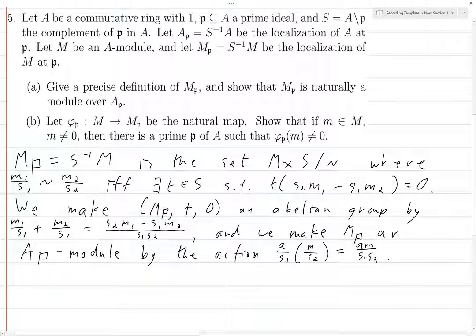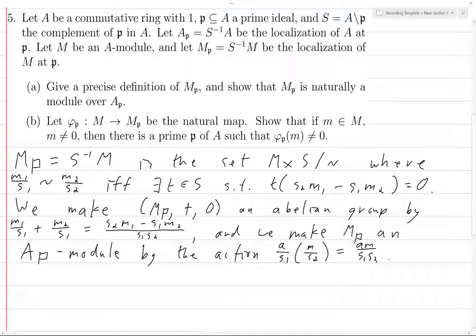Right, so M_P is an A_P module by this action, and that's the definition of M_P, and this is how we make this a module over A_P. Although, M_P is just the abelian group, and then we have A_P acting on it. Okay, so yeah, that's part A.